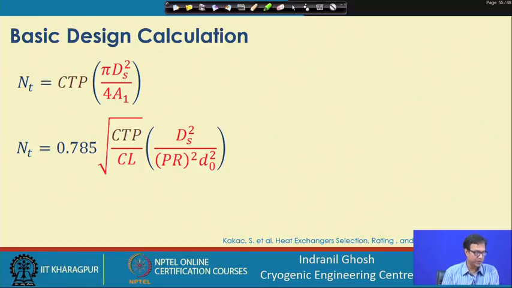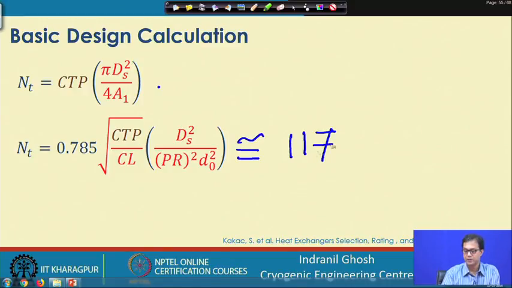So, already we have decided the ds. So, you will also find that this NT is related to the ds, and if we calculate this one, we will find, if we put all the values here, we will find that it is coming approximately 117 numbers.